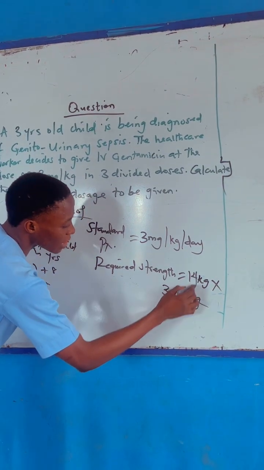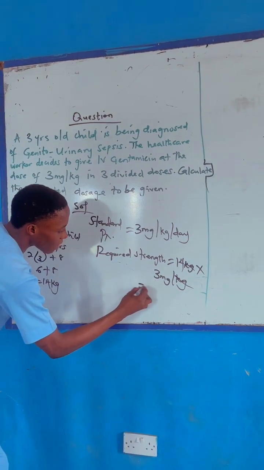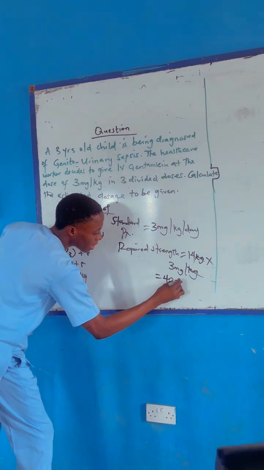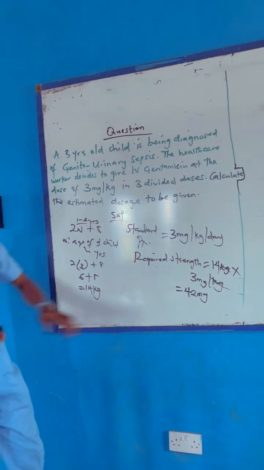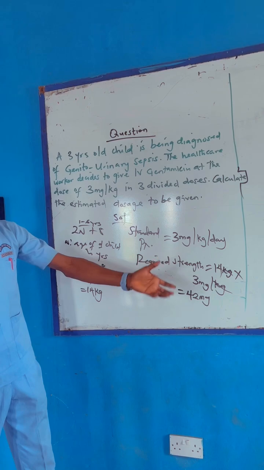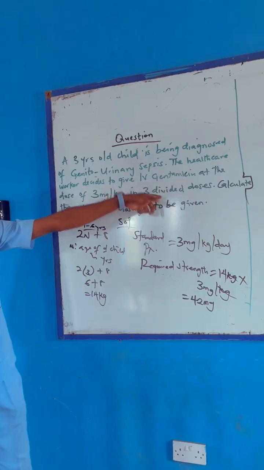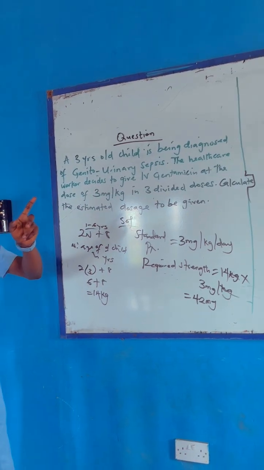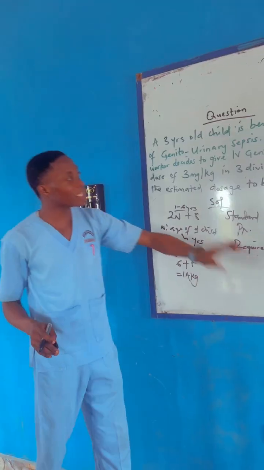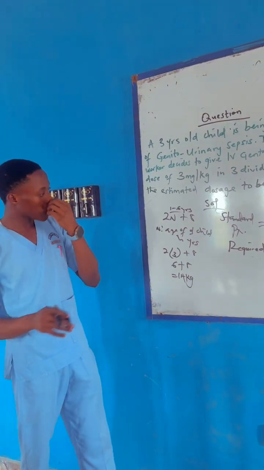The kg cancels kg, so 14 times 3, we have 42 mg. So the child is expected to receive 42 mg of gentamicin per day.